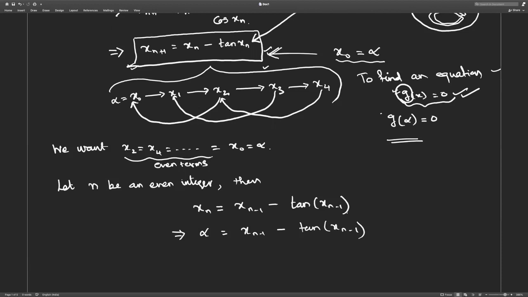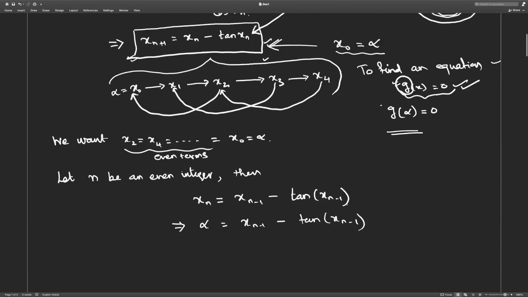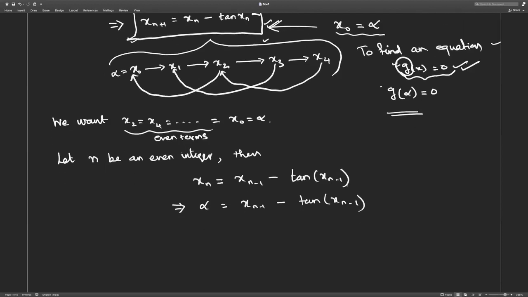Okay. What is xn minus 1? Well, that is an odd term, which is not given to us, but only even terms are equal to alpha. But we know how this odd term xn minus 1 will look like. That will look like xn minus 2 minus tan xn minus 2, right?